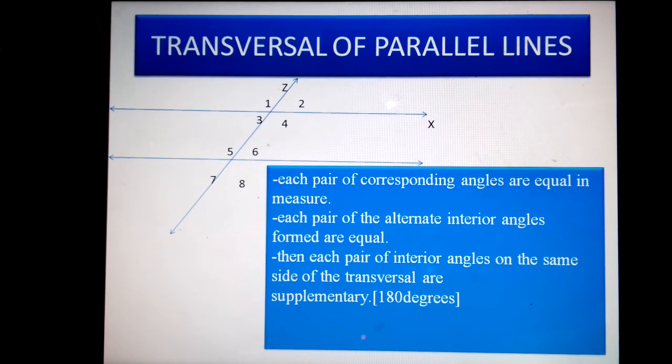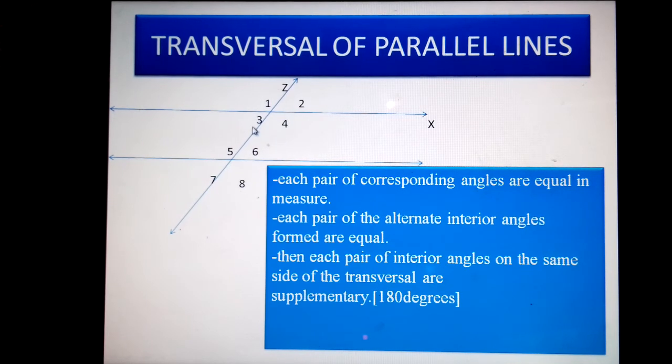I hope the first one is clear. Second one: each pair of alternate interior angles formed are equal. What are the alternate interior angles here? Interior angles, so we only have to consider the interior, as it is mentioned here.